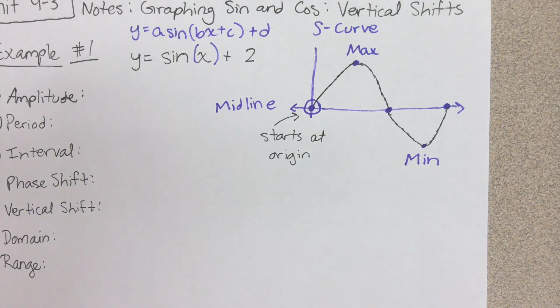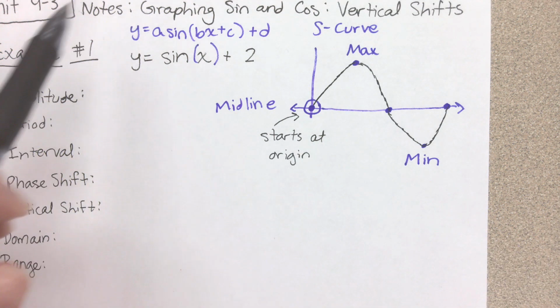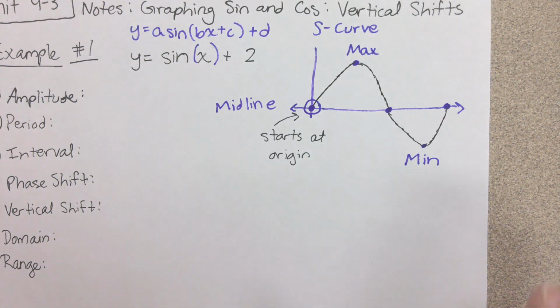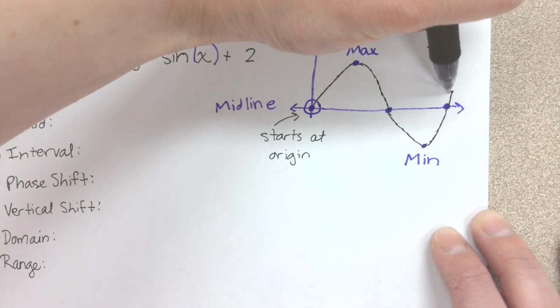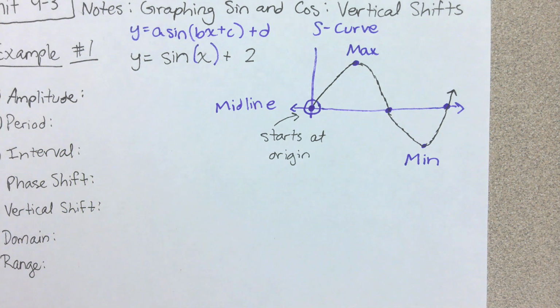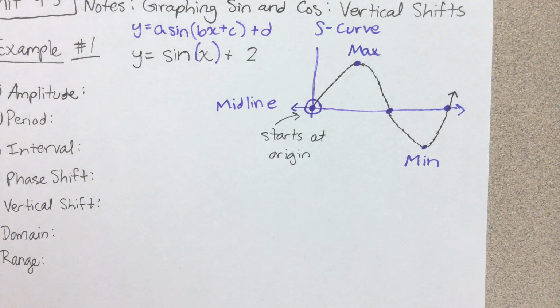If we were to keep going, it would follow this exact same pattern if I go forwards or backwards. It's going to continue. So I always like to kind of top it off with an arrow just to demonstrate that. We'll get back to this when we're actually drawing the graph, but this is a good starting point.